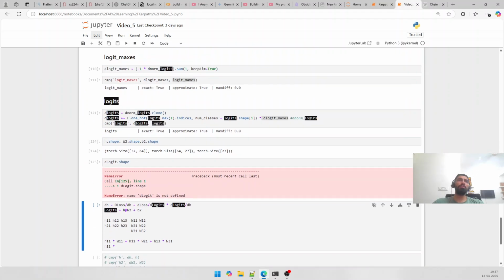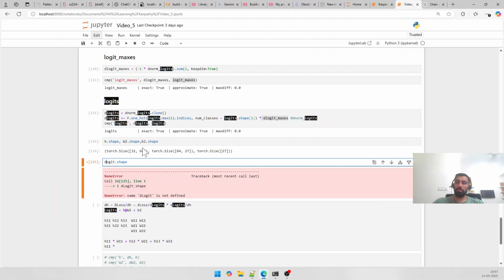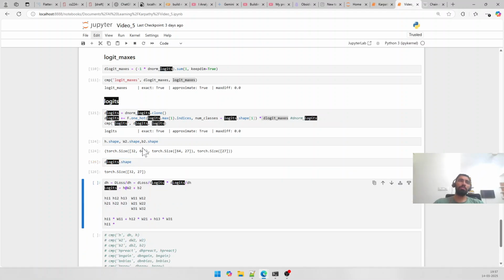Dlogit is not defined. Oh, sorry. Dlogit dot shape. But interestingly, that's a 32 cross 27, and h is 32 cross 64.